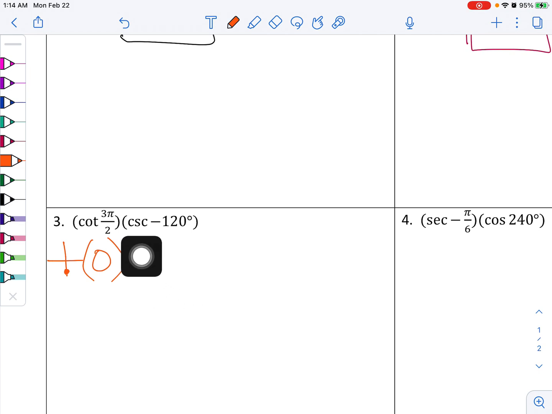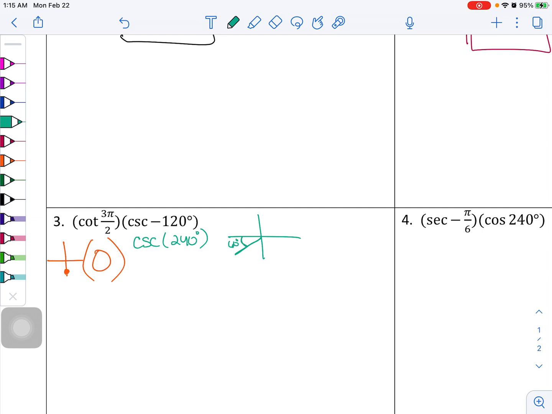Now, honestly, I know that multiplying by 0 isn't really going to have an impact on this because it's going to be 0. But show me the steps here that you know how to find the cosecant of negative 120. All right. Negative 120, if I add 360, gives me 240. So cosecant of 240 degrees. 240 degrees is in quadrant 3. It's between 180 and 270.